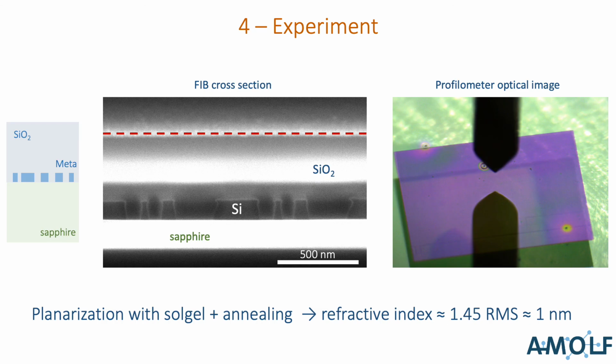The next step in fabrication is then to planarize the metagrating to have a flat surface for the mirror. So to do that, we spin a silicon sol-gel that we can then anneal. And as you can see in the FIB cross-section, we were not able to detect any air inclusion, so the top surface also looks good and rather smooth.